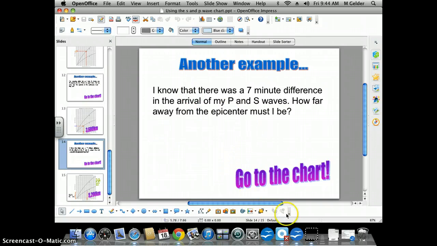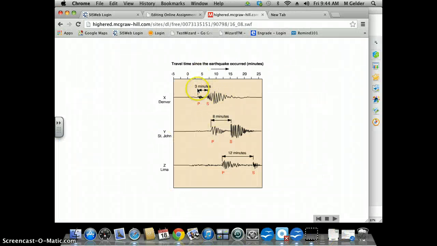So we know that when we have a seismogram, the time difference between when the P wave arrives at the station and the S wave arrives is a certain amount of time. Depending on where you are, that time may be different.